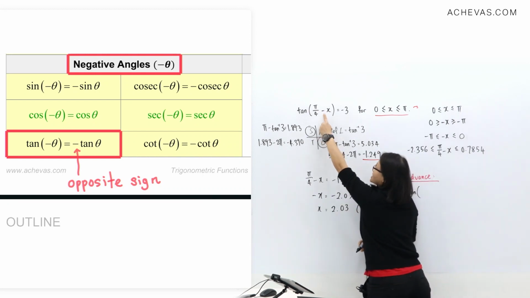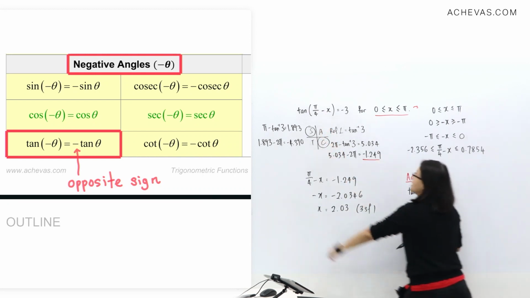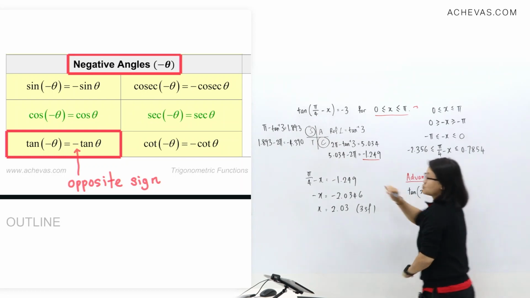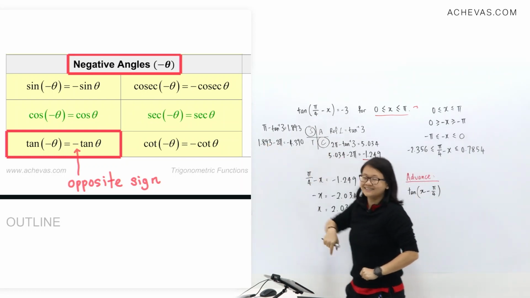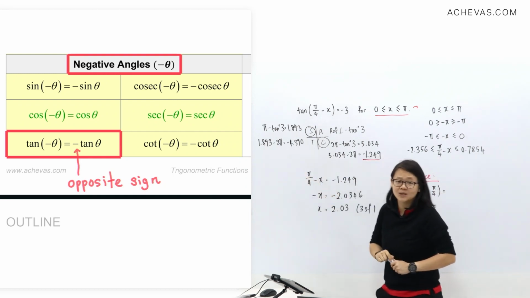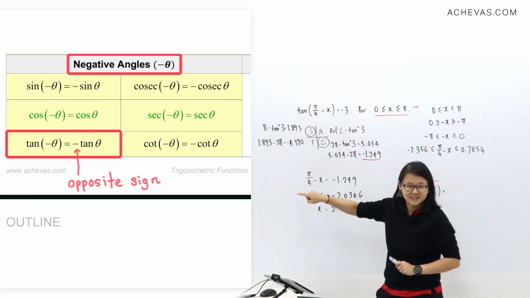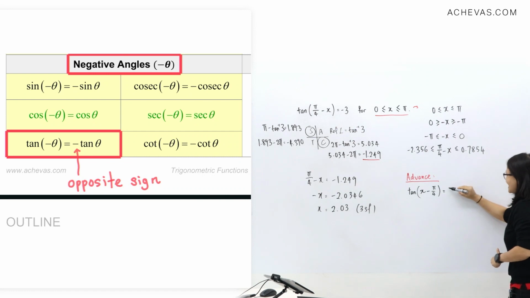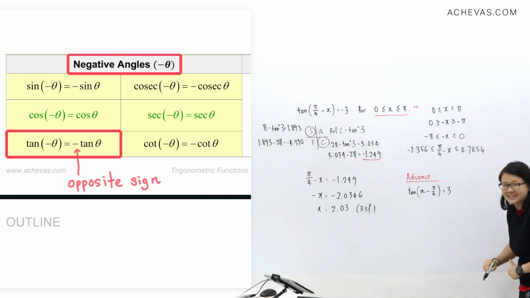I'm going to switch the sign, so this negative will become positive x. Positive pi over 4 will become minus pi over 4. I'm switching the angle to the negative angle. The formula says you will get the opposite result, the opposite sign. So initially this is -3, so my answer here will be 3.